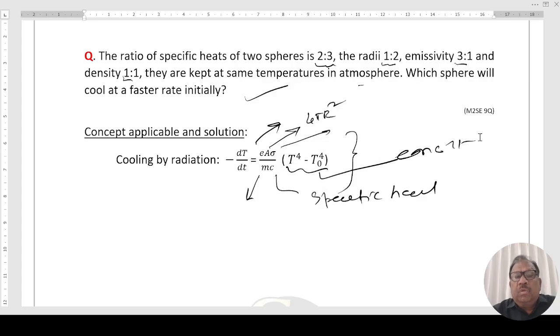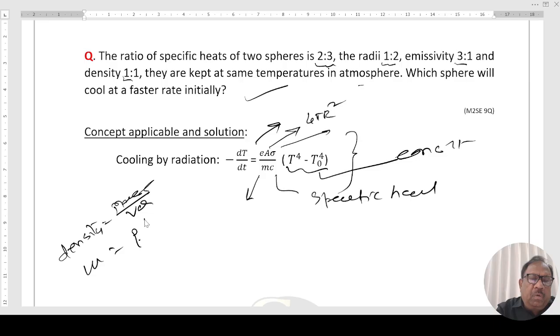M is not given to you. To find M, you know density equals mass upon volume, so M equals density into 4/3 pi r cube.